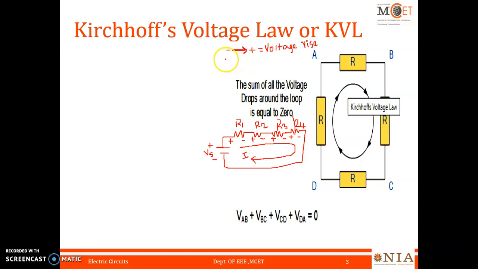When the conduction path goes from positive polarity to negative polarity, that means from highest potential to lowest potential, it is said to be the voltage drop or potential drop.